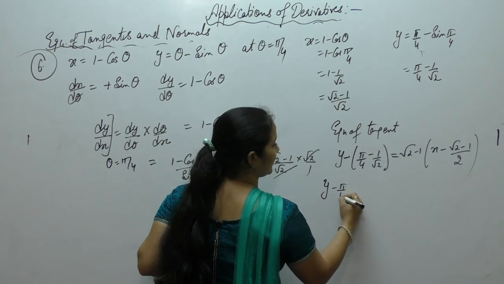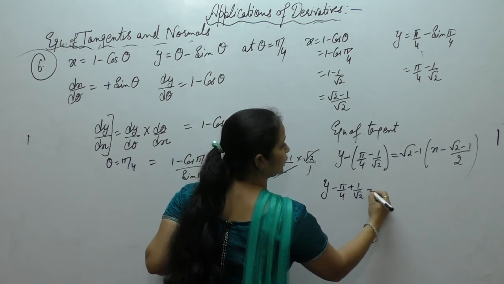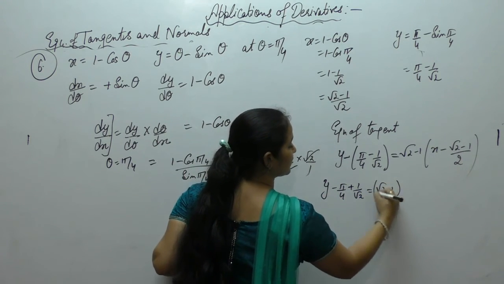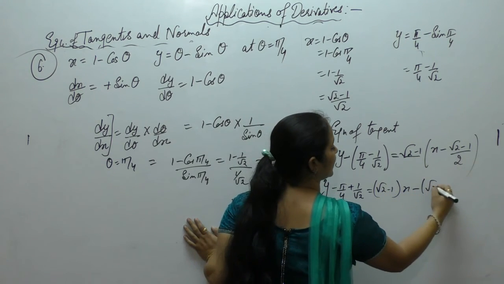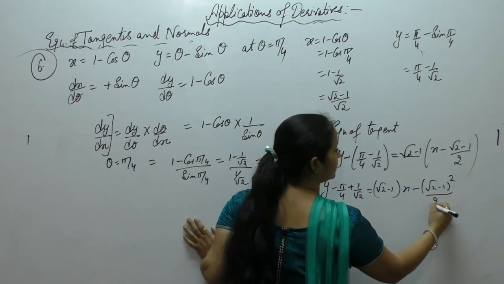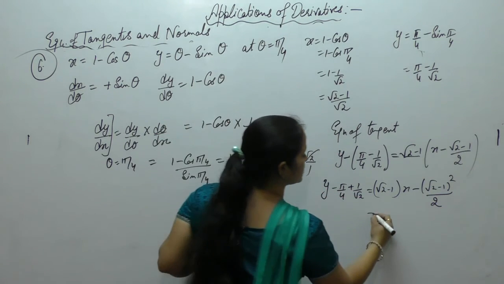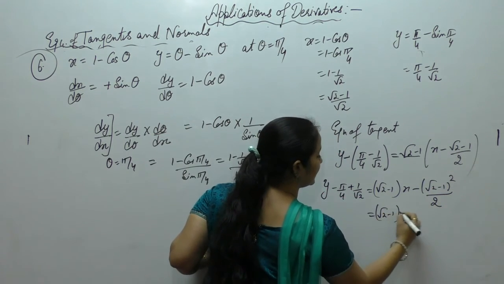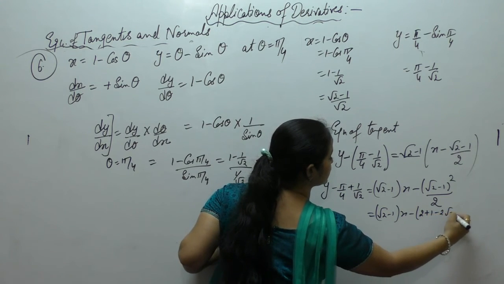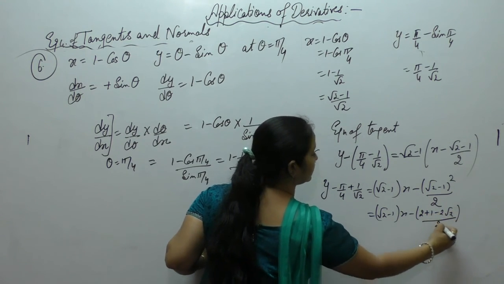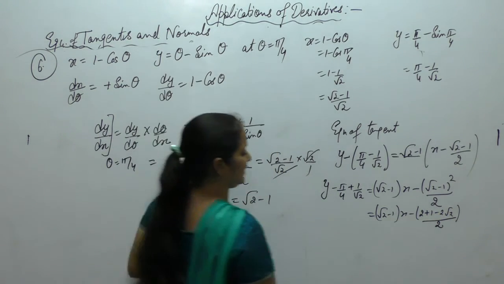Now solve this equation. Y minus pi by 4 plus 1 by root 2 equals root 2 minus 1 into x minus root 2 minus 1 whole square upon 2. Solve on the right hand side: a minus b square, a square plus b square minus 2ab upon 2. Clear?